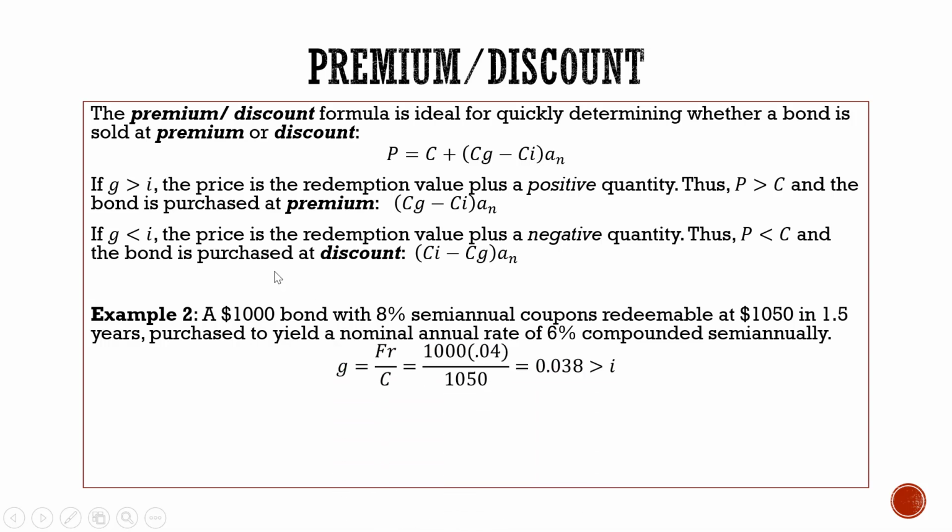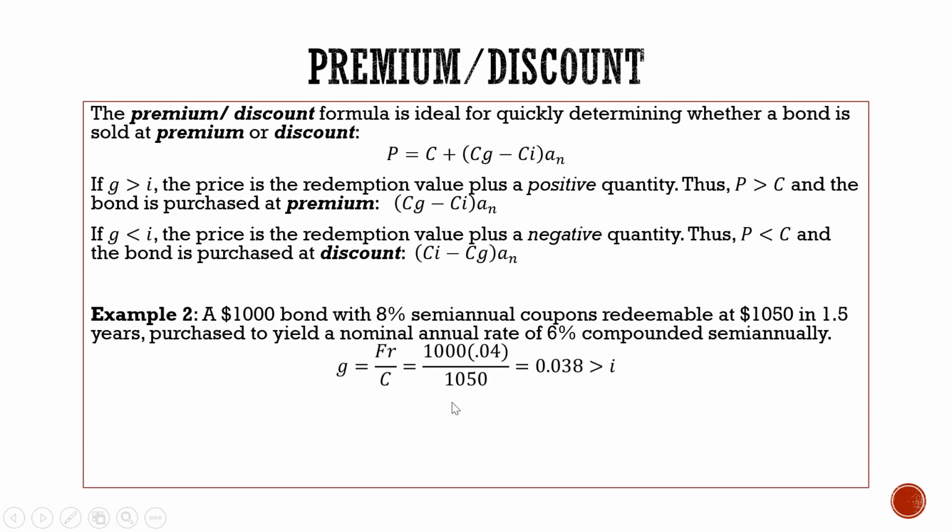So to determine if this bond is sold at premium or discount, we find g, because we need to verify the relation between g and i. So g here is Fr over C. Remember, Fr is equal to Cg. They both measure the coupons.